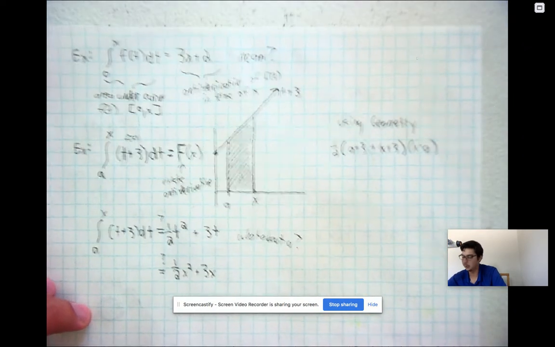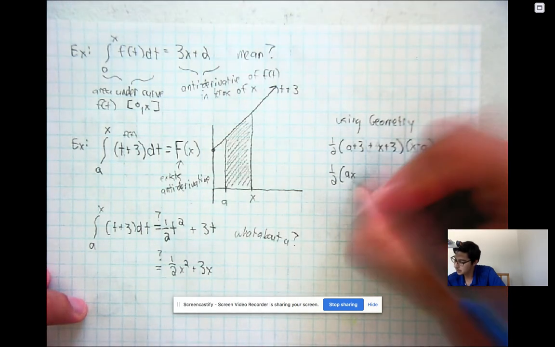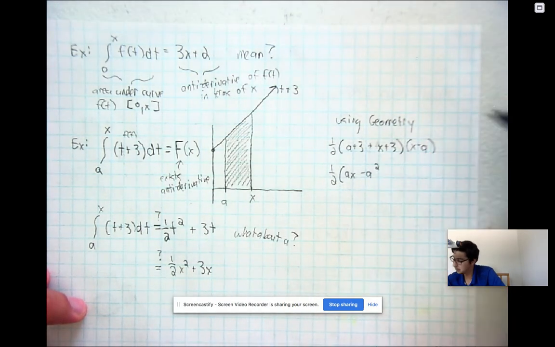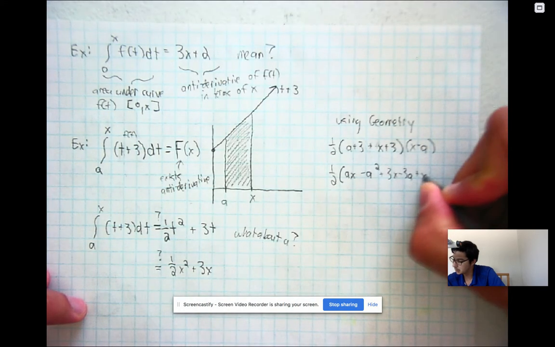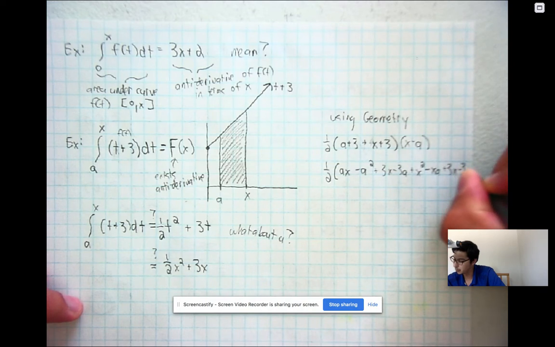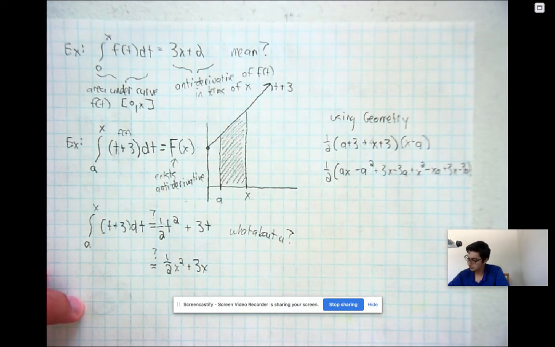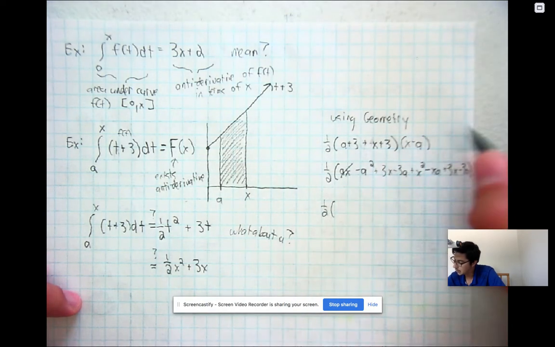Okay. Now, doing some algebra, we would have 1/2 times (ax minus a squared plus 3x minus 3a plus x squared minus xa plus 3x minus 3a). Simplifying this, we can see here that the ax and the minus xa will go away.